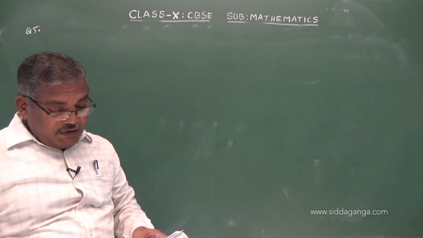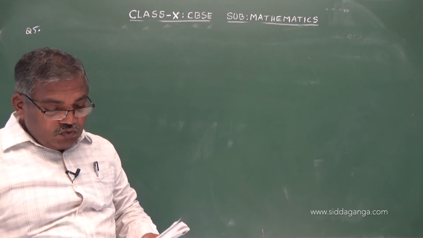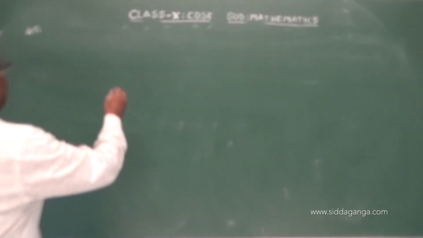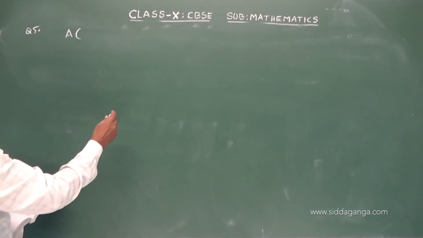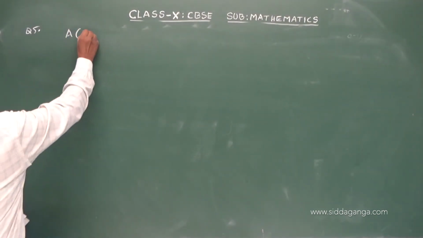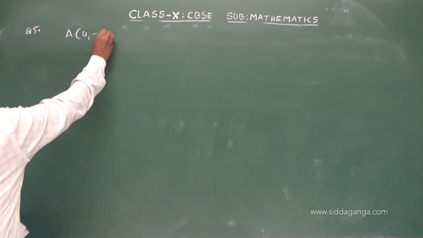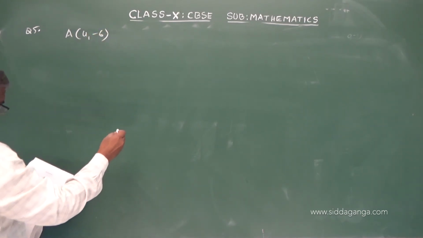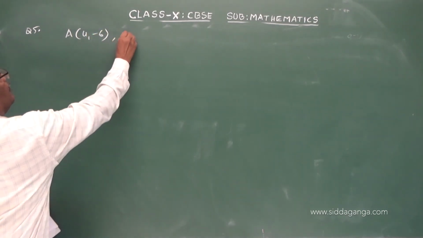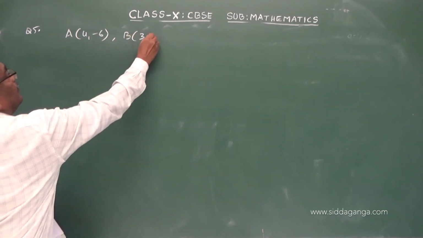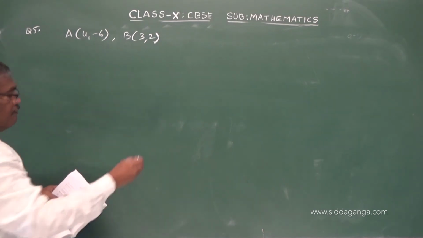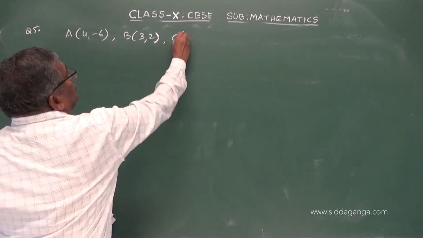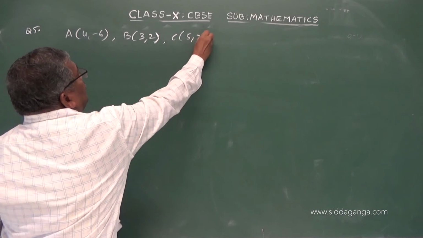Verify this result for triangle ABC whose vertices are A 4 minus 6, B 3 2, C 5 2.